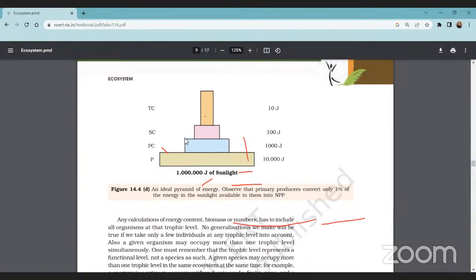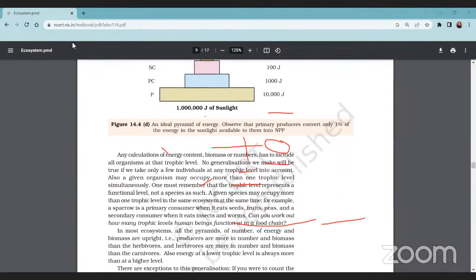The producers contain 10,000 joules of energy, and the energy is transferred to the primary consumers, which get 1,000 joules. Here the energy is decreasing in this way. The producers produce 10,000 joules of energy, the primary consumers, means herbivores, use 1,000 joules, the secondary consumers use 100 joules, and the tertiary consumers use 10 joules of energy. In this way the energy is decreasing.